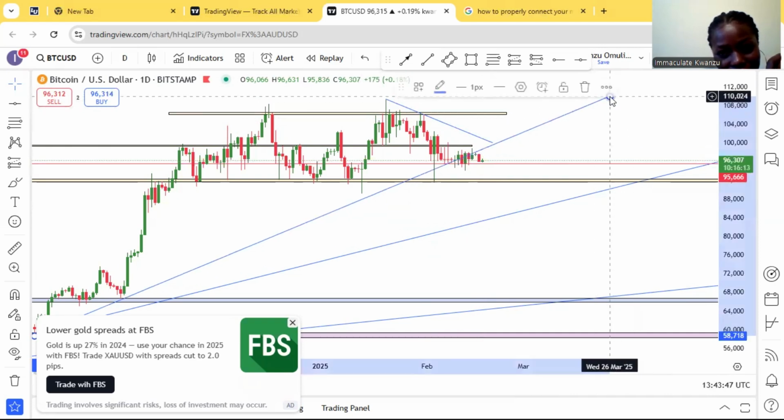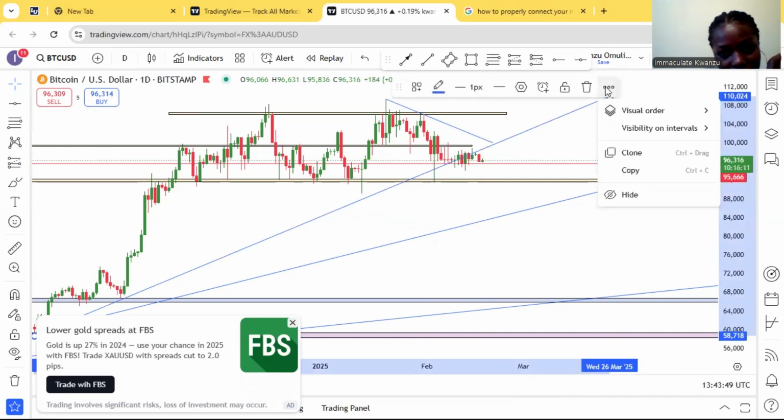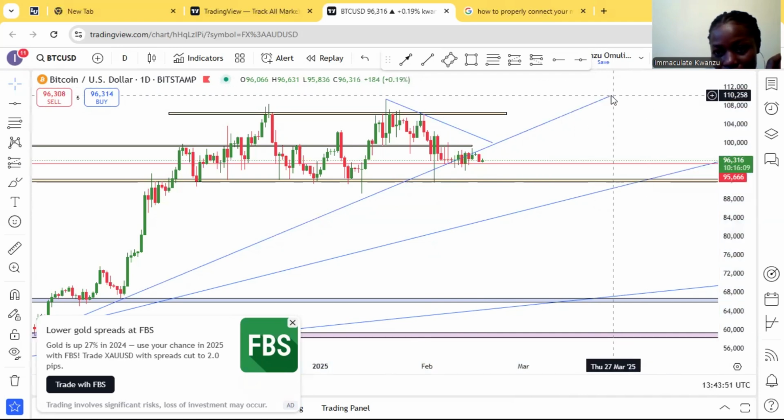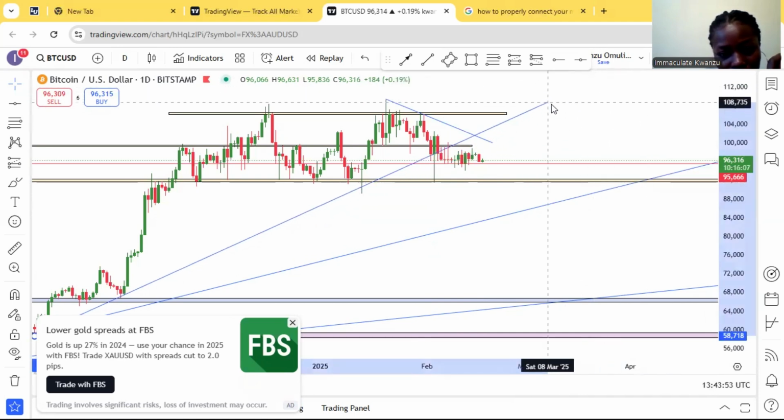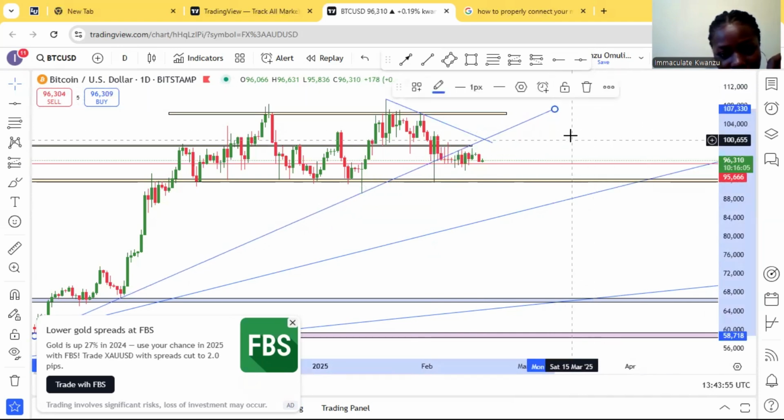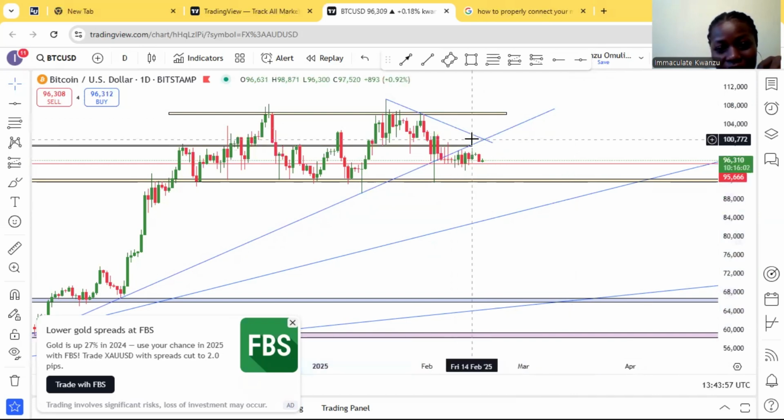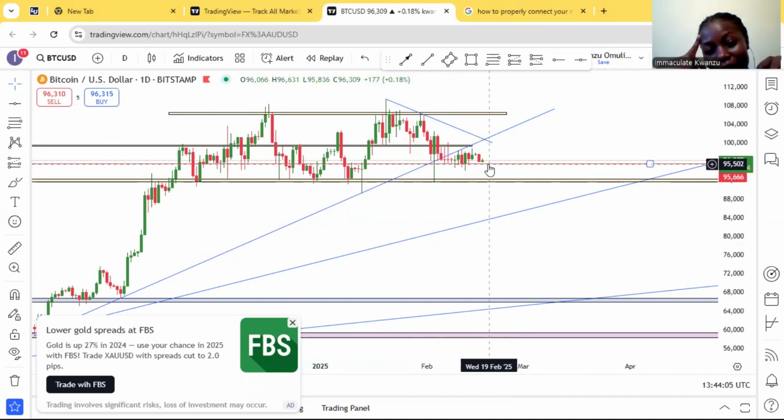The trend line is not perfectly drawn. So you can see we broke this straight line, but this black line has been holding this market. This is why I usually tell people that key levels are more important than trend lines, because the market will always bash through your trend lines just to go and respect your key levels, right?